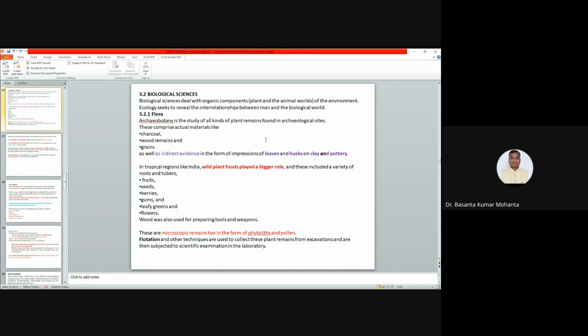To study these plant remains, archaeologists use different techniques and methods. Flotation is one among them.